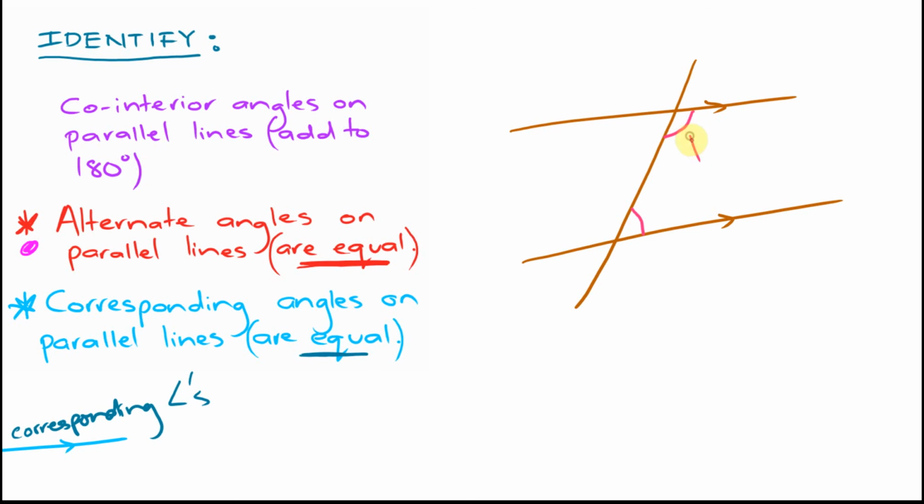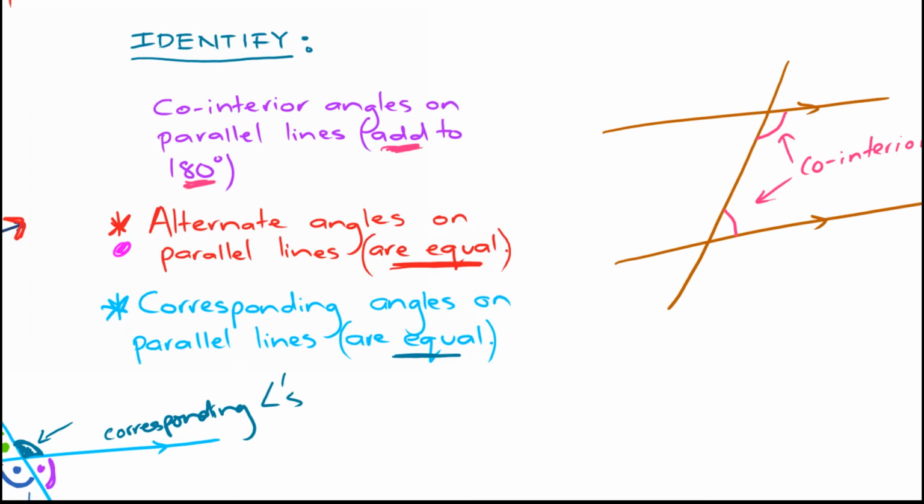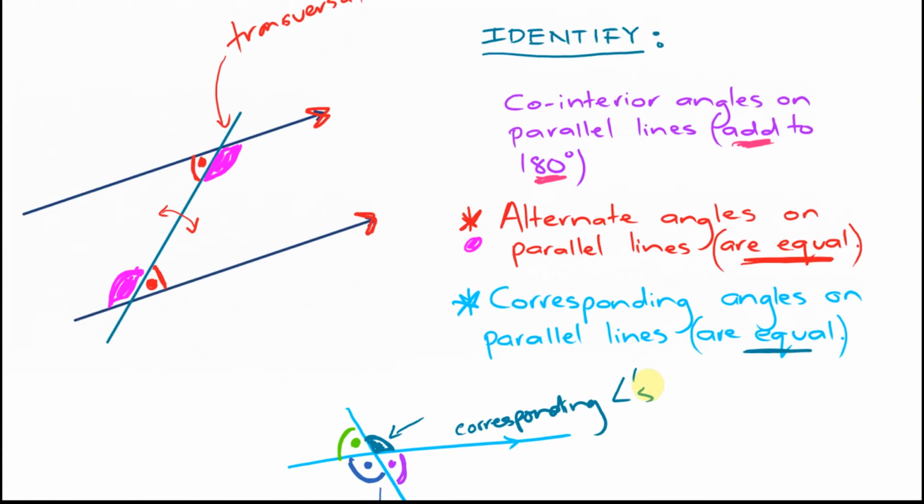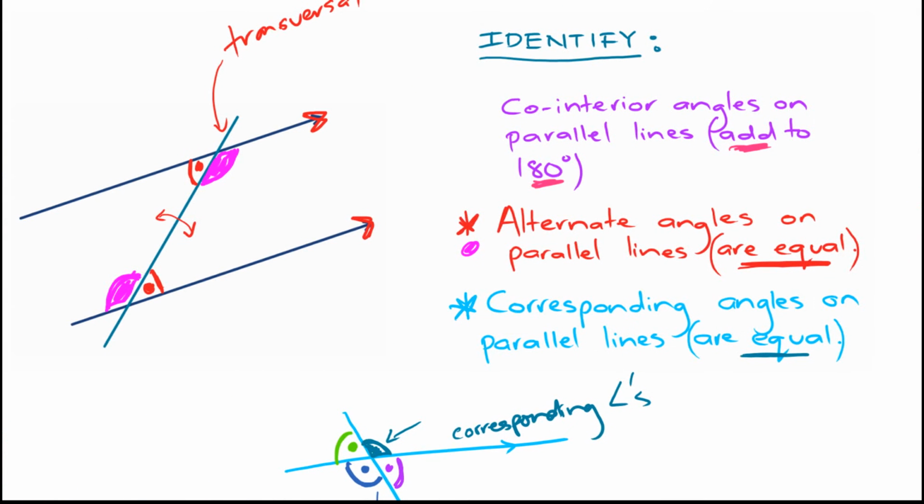So those two angles are a pair and they are called co-interior. So co meaning like coupled, interior meaning inside the parallel lines, and they are on the same side of the transversal. And co-interior angles, if you were to measure them, they add to 180 degrees. So at this level, you would need to be able to identify these types of angles on parallel lines.